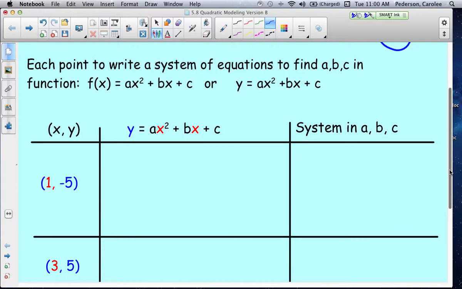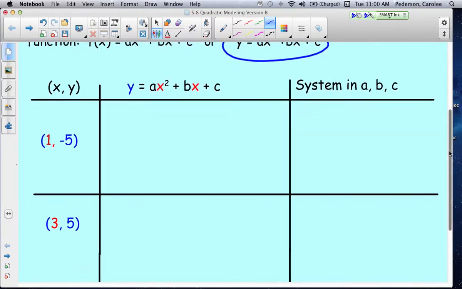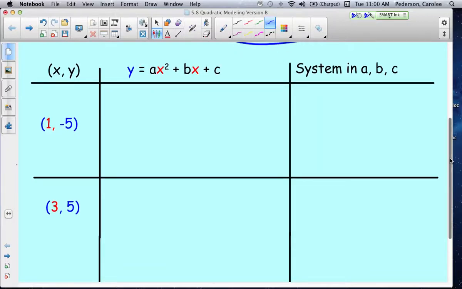The second column is what we plug in to the equation y equals ax squared plus bx plus c. And the third column is going to be our system equations. All right, so we're going to go to filling in this chart.